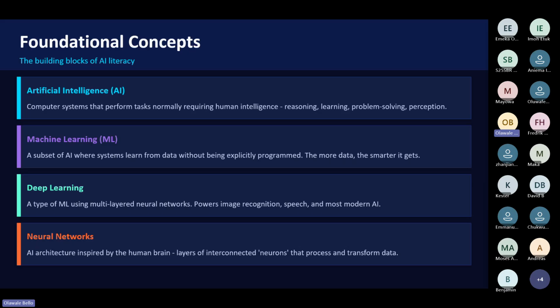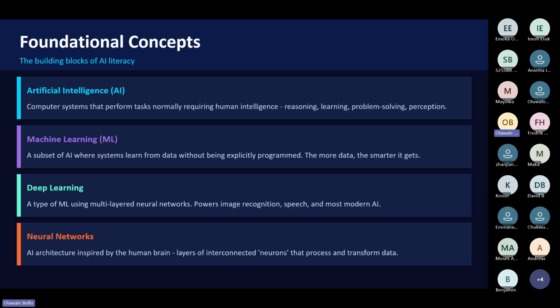So I think it is best to describe rather than to define. Under this foundational concept, I have 4 commonly used AI terms, and I will describe them together rather than pick them one by one, in order to help us understand.